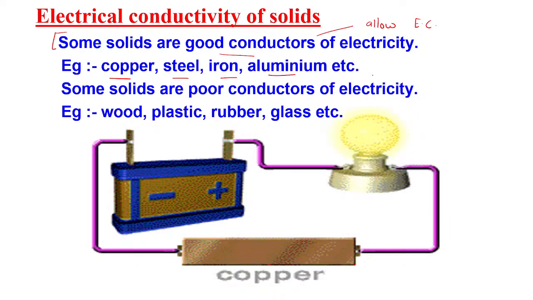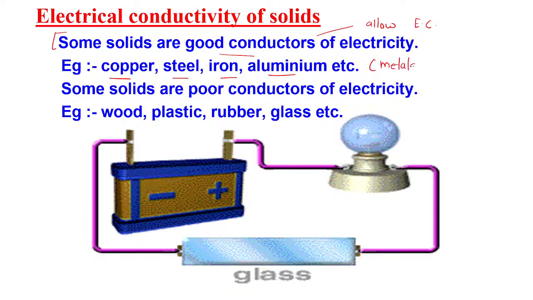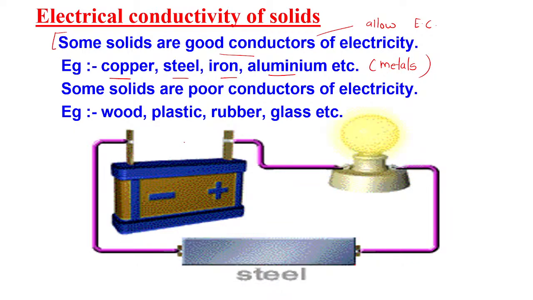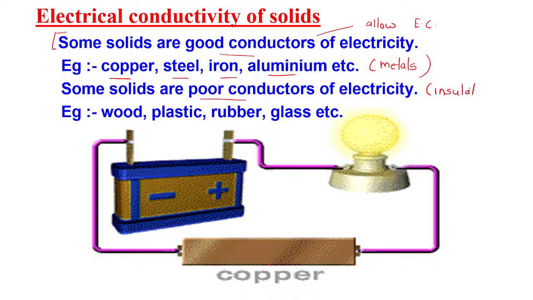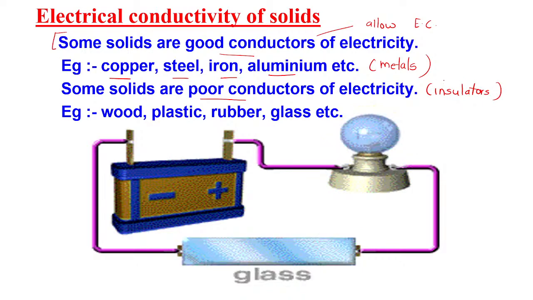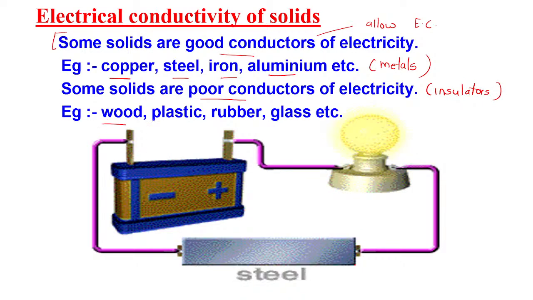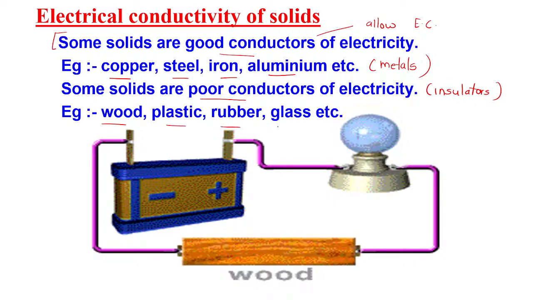I have already told you that metals are very good conductors of electricity. Now, some poor conductors of electricity. What's the meaning of poor conductor? Nothing but insulators, which do not allow electric current to pass through them. For example, wood, plastic, rubber. All these are insulators, we have already seen them.